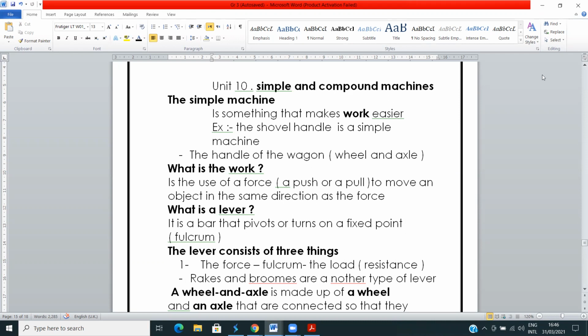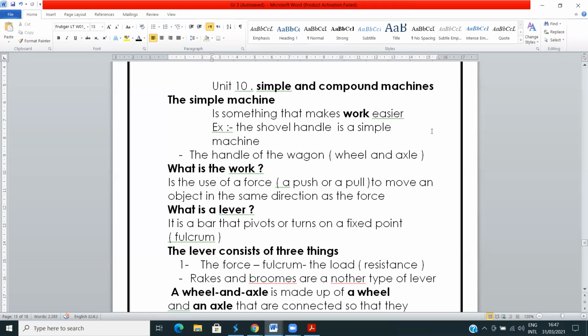Like a shovel handle. Like what else? Levers. And a wagon. Yes, the handle of the wagon. Thanks a lot, Muhammad.